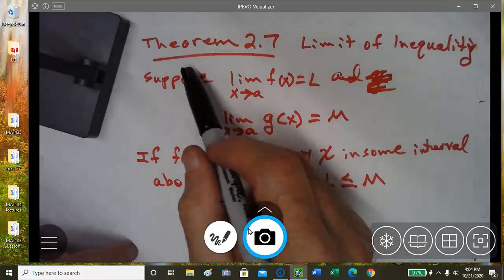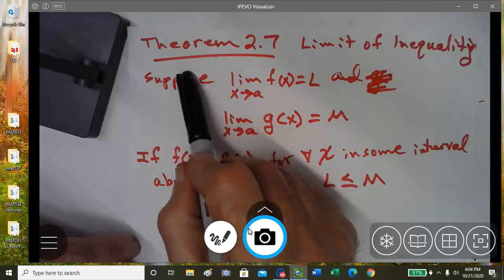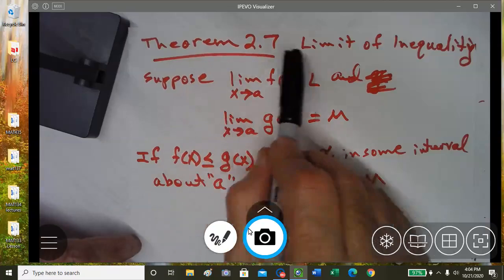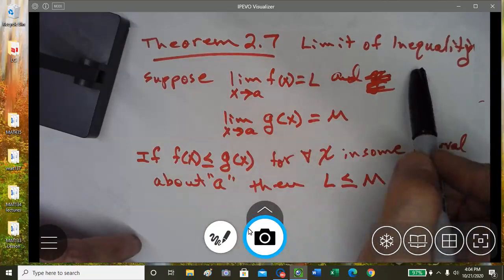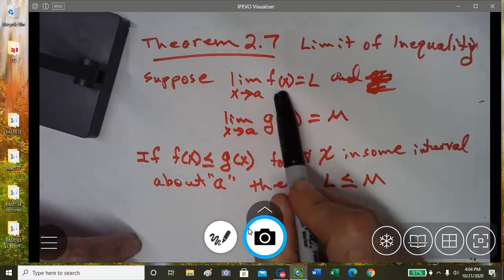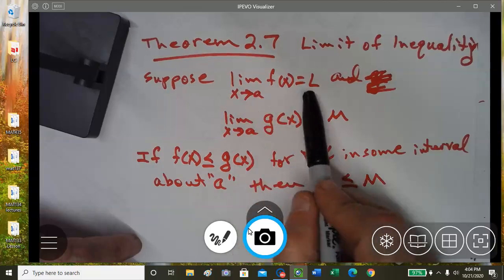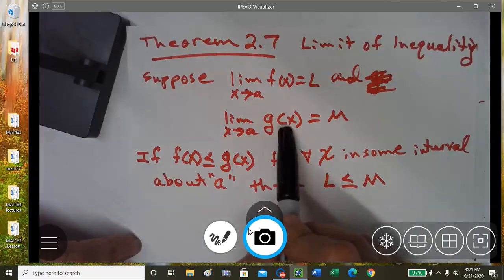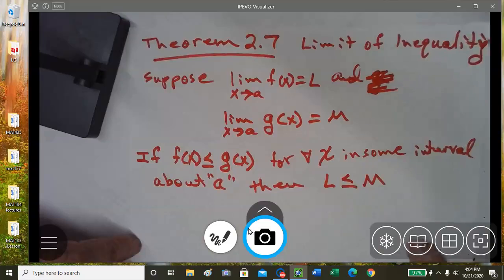This is some continuation of lesson 2.2, and here we're going to look at Theorem 2.7, limit of inequality. Suppose the limit of a function f of x as x approaches a is L, and the limit of g of x as x approaches a equals m.